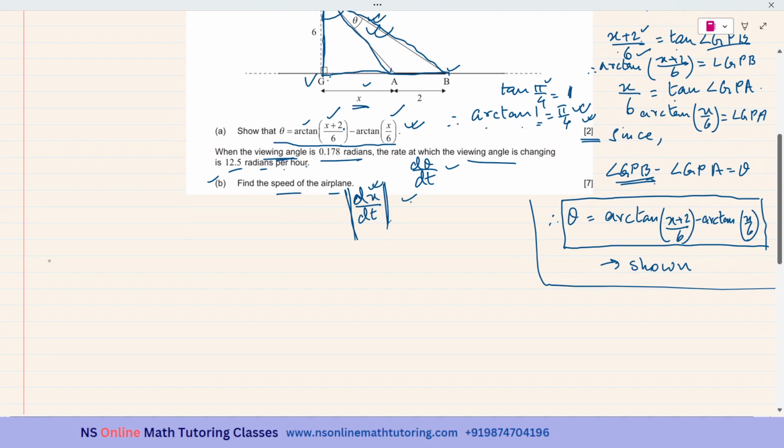So let us try with this equation, okay? First thing that I want to do is get rid of these arctans. I don't like these inverse trigonometric ratios very much. Of course, I'm a math teacher, I use these, but I try to get rid of them as soon as possible.